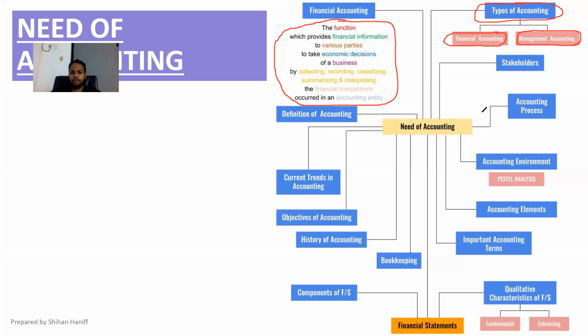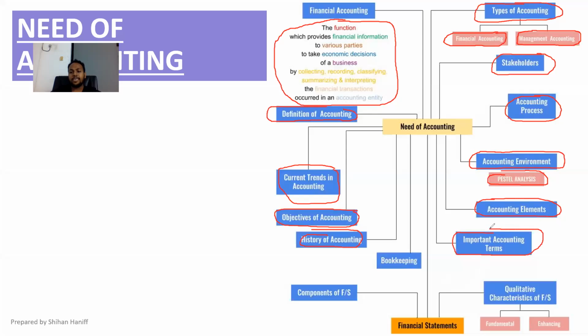Then we have the definition of accounting, and the accounting process, the stakeholders, the current trends in accounting, the objective, what is the aim, what is the objective of accounting, and the history of accounting, the accounting environment, the gestalt analysis, accounting elements, important accounting terms: what is meant by asset, what is liability, capital, who are the debtors, who are the creditors, what is meant by return inward, what is return outward.